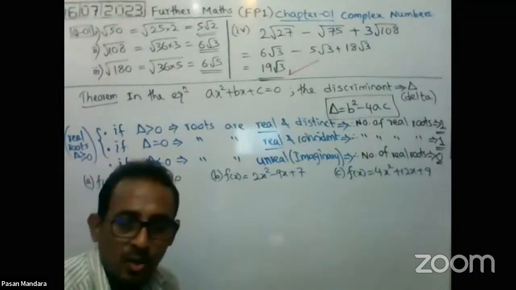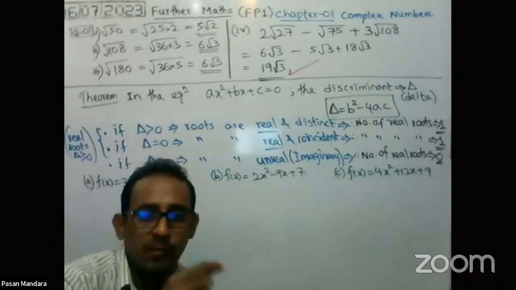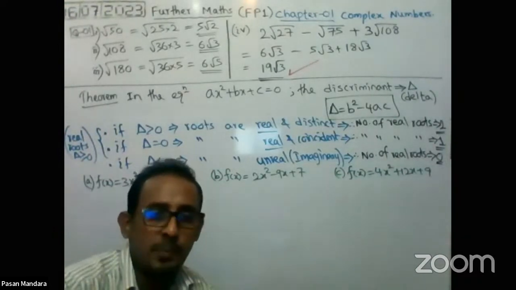Once you finish, say done, or you can put the best thing. A, number of roots, say 1, 2, or 0. B, you type, C, you type, then I'll put the answers.